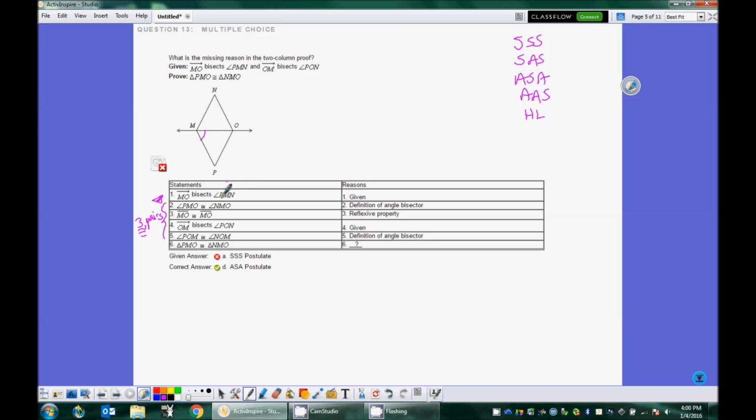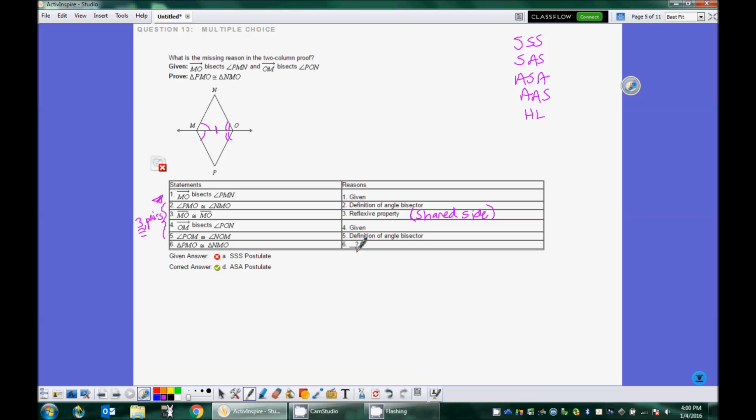So we are given that MO bisects angle NMP, so cut in half. So I've got angle NMO congruent to angle PMO. Then I've got MO is congruent to MO. That's the reflexive property. That happens when you have a shared side between 2 triangles.